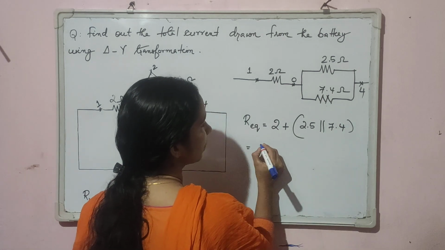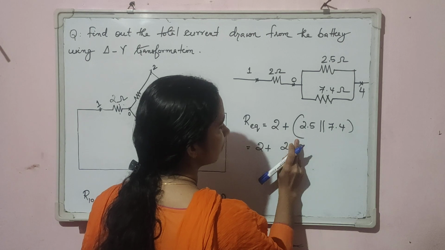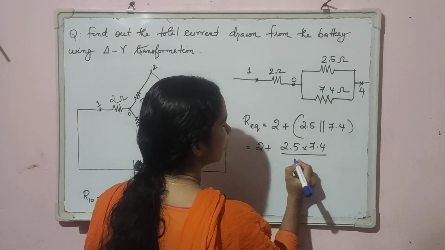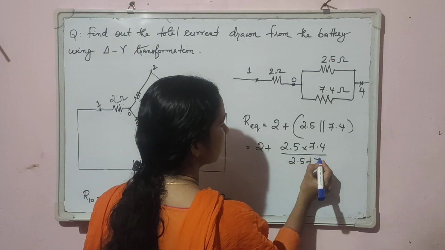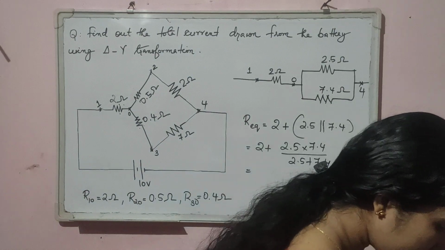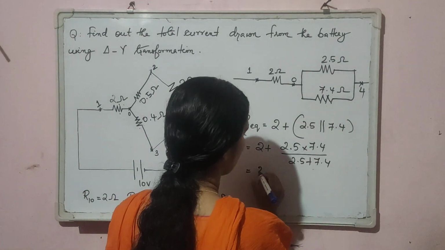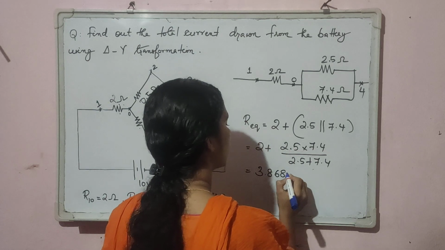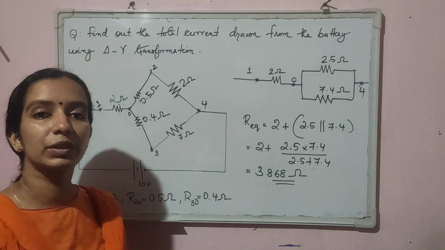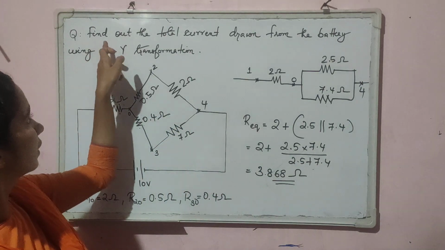So this will become 2 plus 2.5 into 7.4 divided by 2.5 plus 7.4, and the answer will be, the equivalent resistance R equivalent is equal to 3.868 ohm.